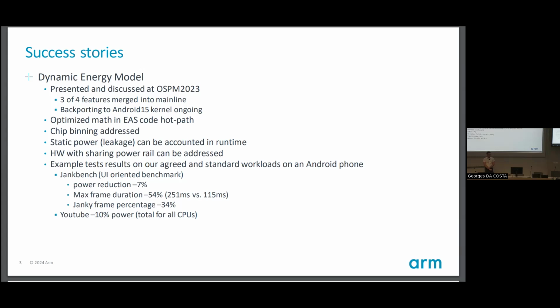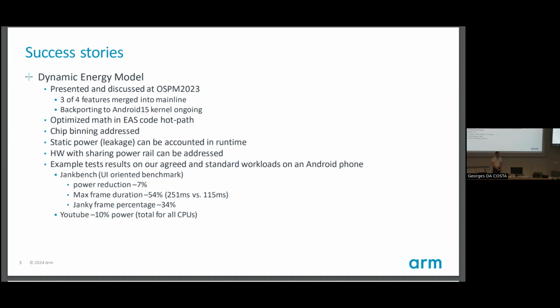What has been done? There was some optimization for the hot path in the scheduler in the EAS. Chip binning was addressed, which was also quite good. And mainly the patch set was addressing a leakage problem, which I will discuss a bit as well. And there are some other results.